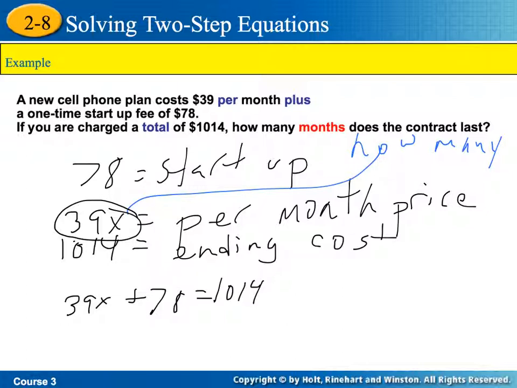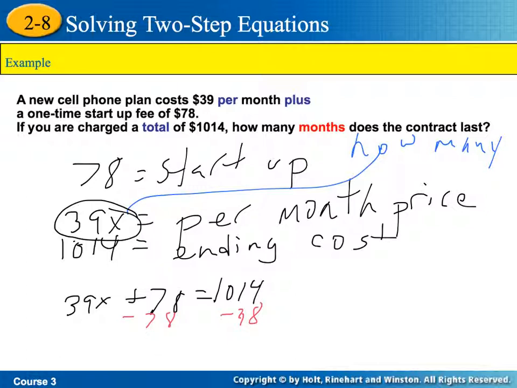Okay, so the very first thing that you have to do is what? Well, after you set up your equation, you have to take $1,014 and we have to subtract 78. Why do we subtract 78? Well, because when you take inverse operations, that tells you to subtract.